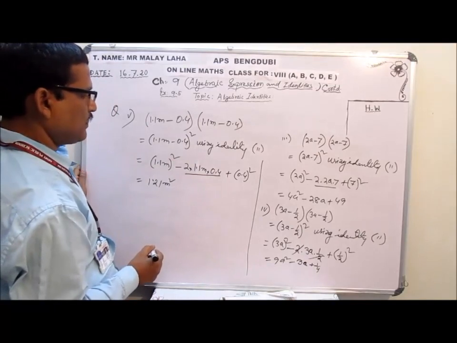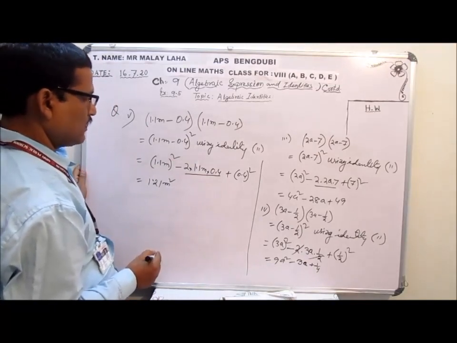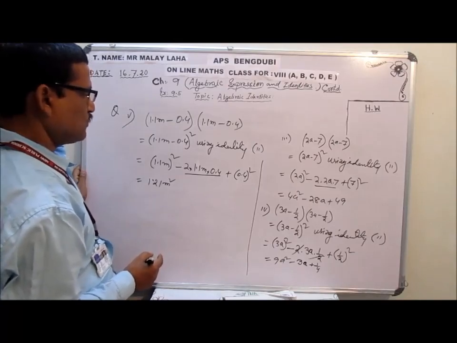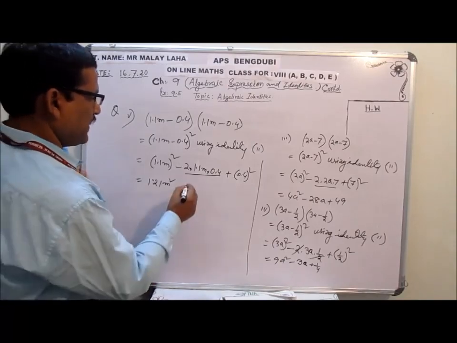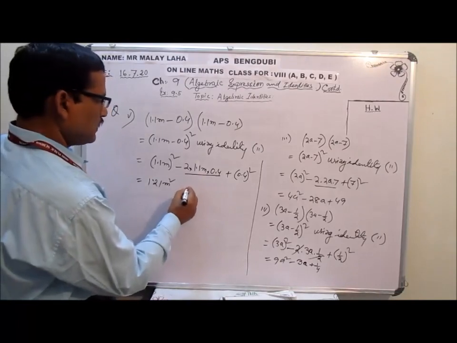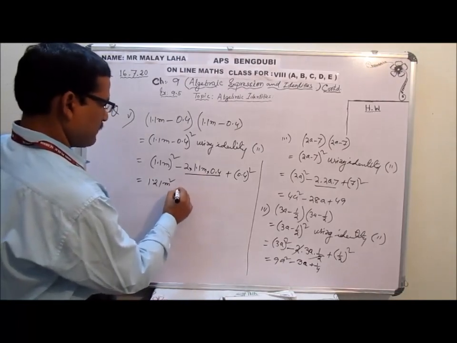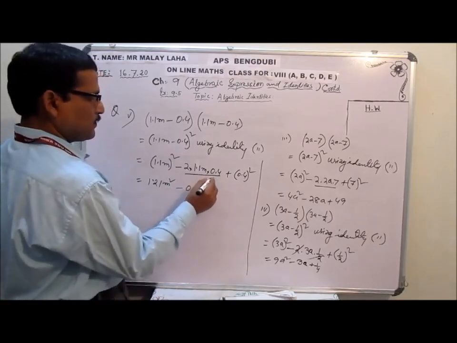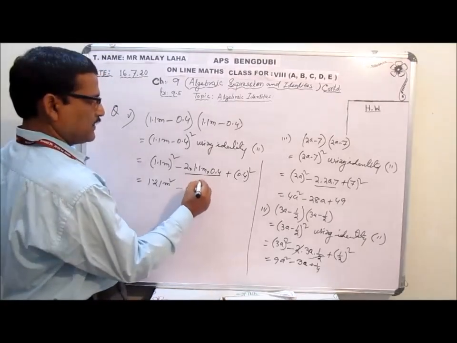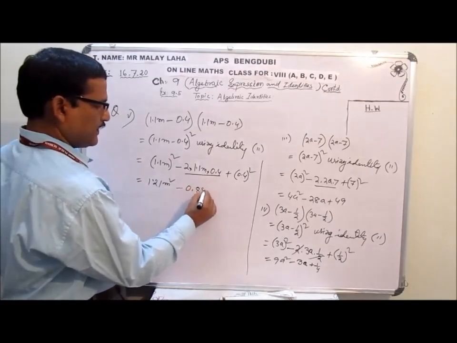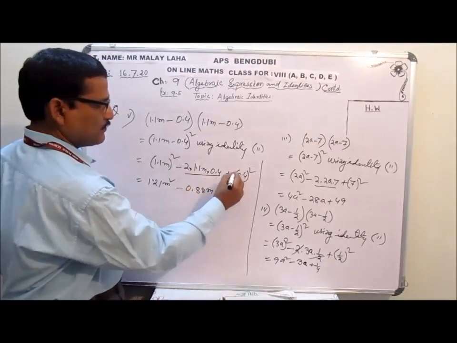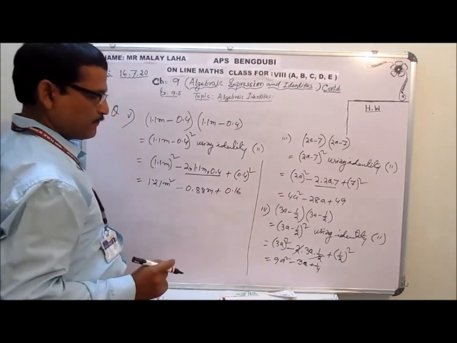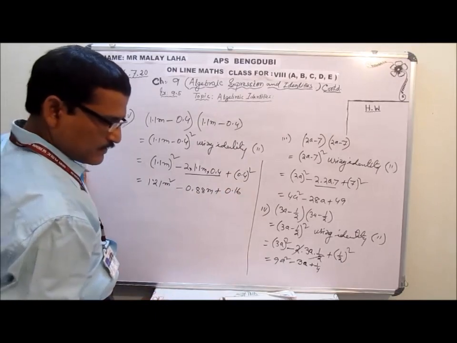So it will be twice ab, that means 2.2. 2.2 into 4, 8.8. So 0.88m minus, and then 0.88m plus, if we multiply 0.4 squared, 16, that means 0.16. Okay, up to this much.